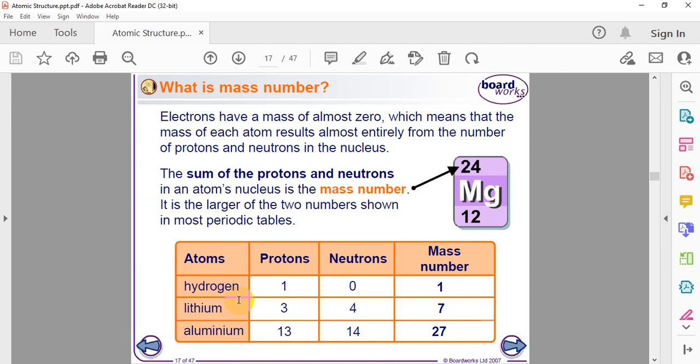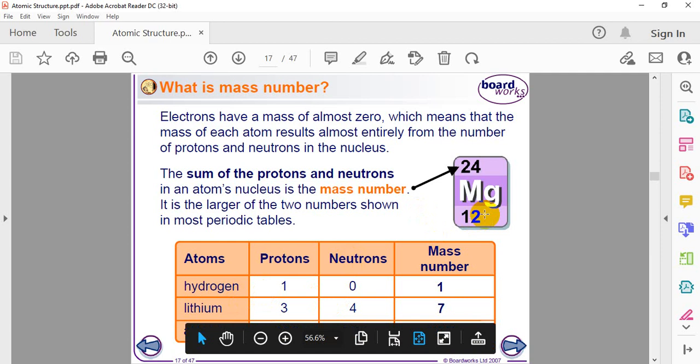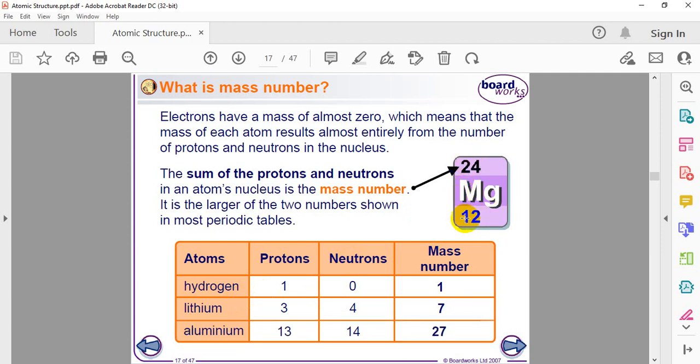The sum of the protons and neutrons in an atom's nucleus is the mass number. So the mass number over here is what? 12 protons. Then, like I said, the number of protons or atomic number is the same as the number of electrons.